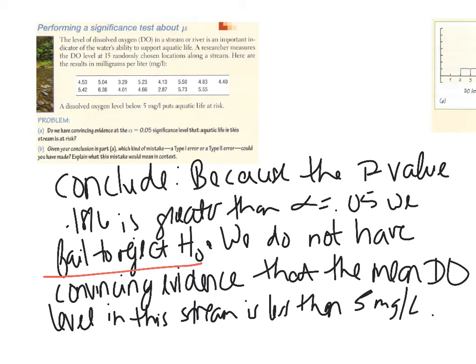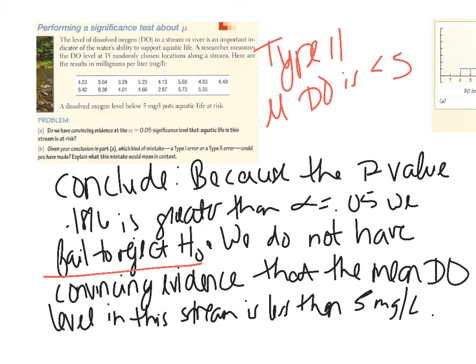So the error I could have made is a type 2 error, where I failed to reject the null hypothesis when I really should have rejected it. That would mean the mean level of dissolved oxygen really is less than 5 milligrams per liter, but we didn't find convincing evidence for it. And so we make the mistake of saying that the stream is okay and healthy, but it's really not okay for the aquatic life that is there.